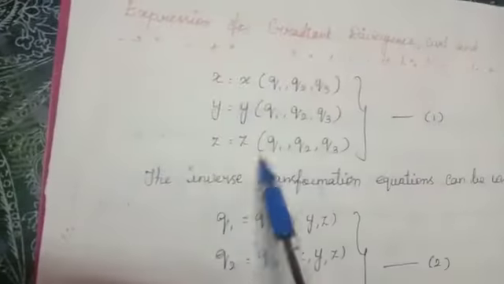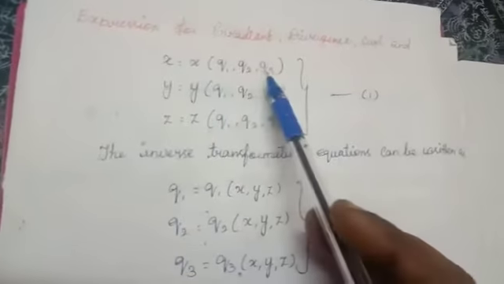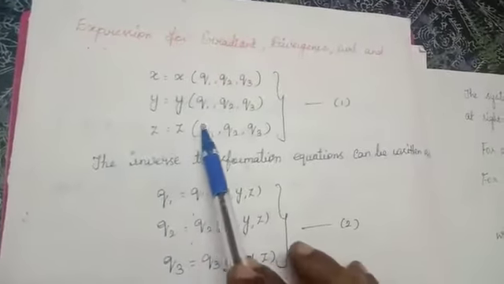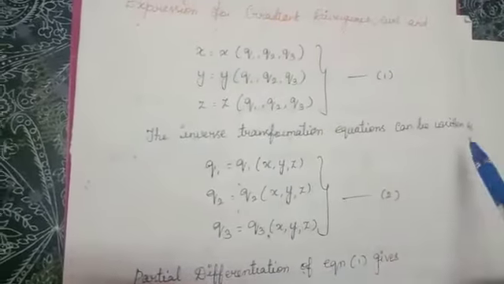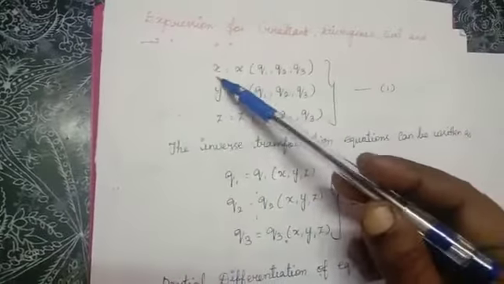The Cartesian coordinates x, y, z are related to the curvilinear coordinates q1, q2, q3 by these relations: x equal to x of q1, q2, q3, y equal to y of q1, q2, q3 and z equal to z of q1, q2, q3. The inverse transformation equations are nothing but q1, q2, q3 written as functions of x, y, z.